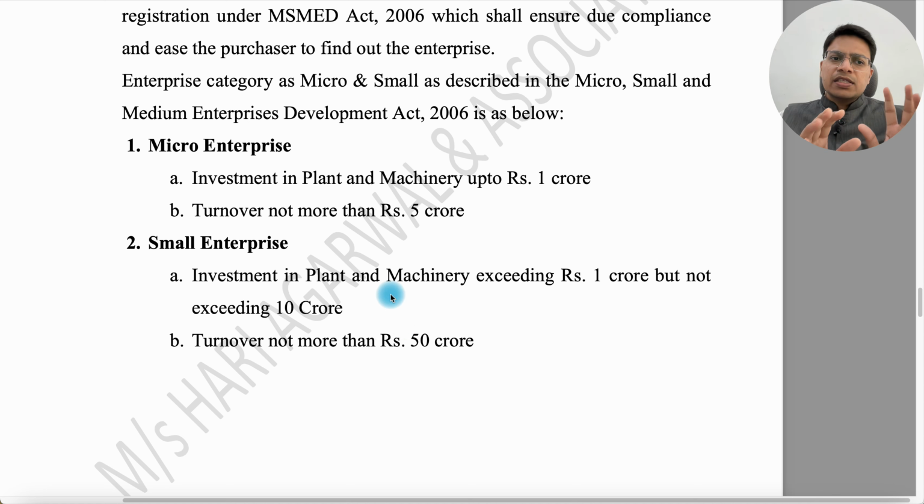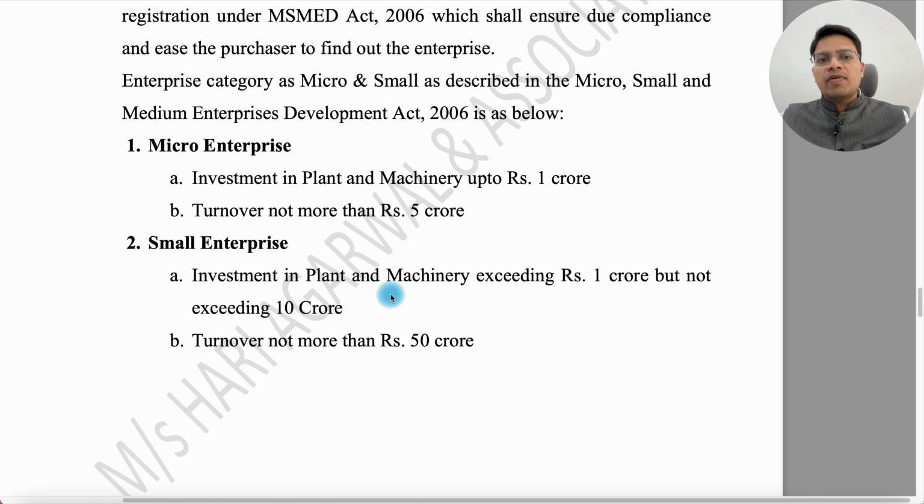So these conditions will be identified by your suppliers. They will see their turnover and their investment in plant and machinery and give you a reply that, yes, we are falling in micro enterprise or we are falling in small enterprise, or we are out of these two definitions. If they are out of these two definitions, then we don't have to worry at all, because this provision of 43B subsection H is not applicable to any other suppliers. It is applicable only to these two categories of suppliers.